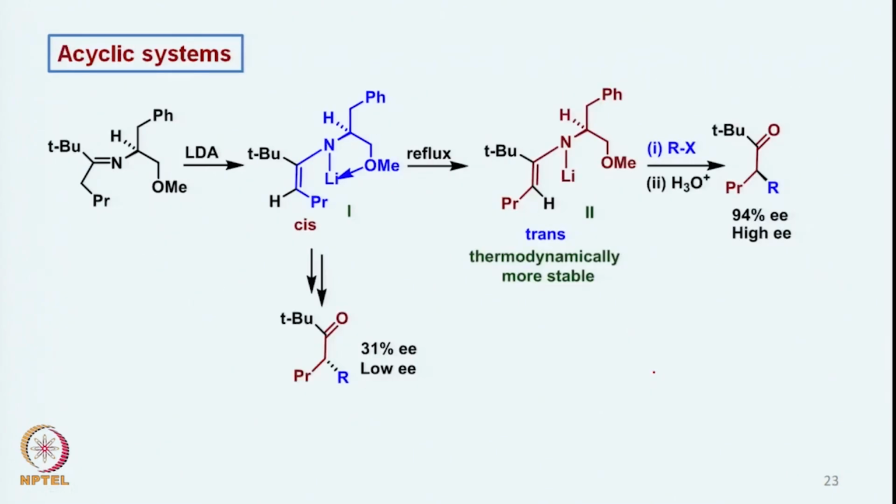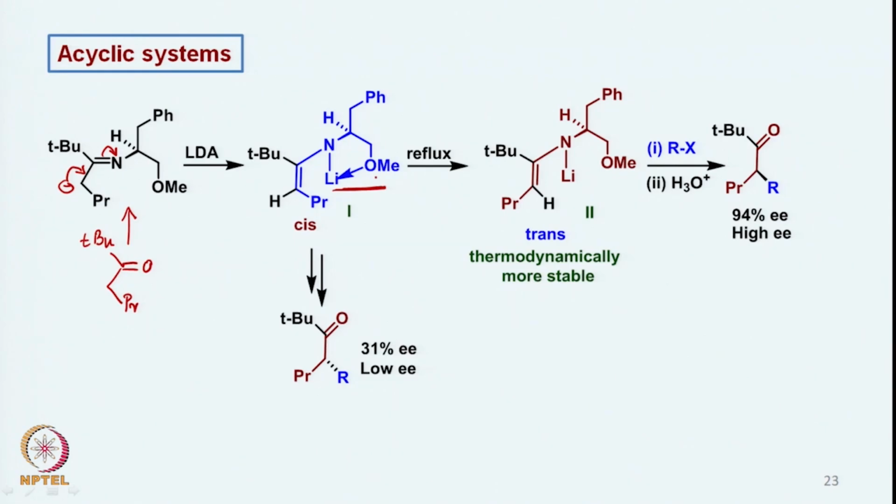In acyclic systems it is somewhat different. If we take a similar type of chiral amine and react it with this part of the ketone, obtained from tertiary butyl, this can give the optically pure imine. When this is deprotonated from here, we have this intermediate, which is of course stabilized by the oxygen as we saw earlier.